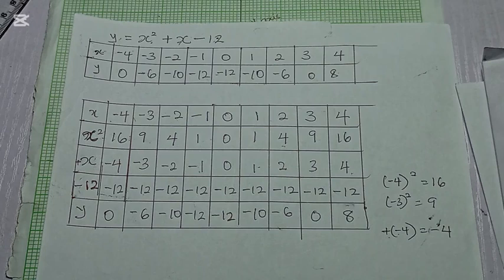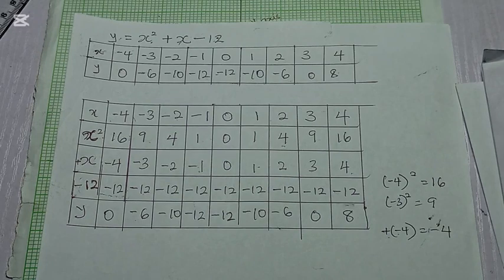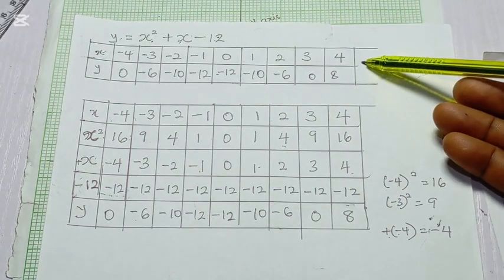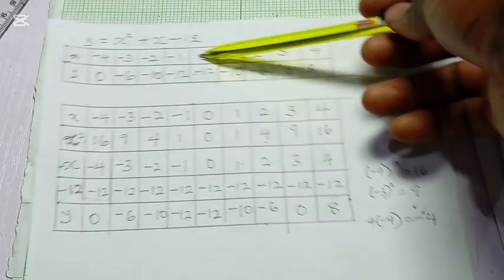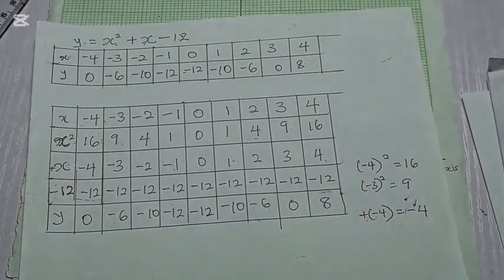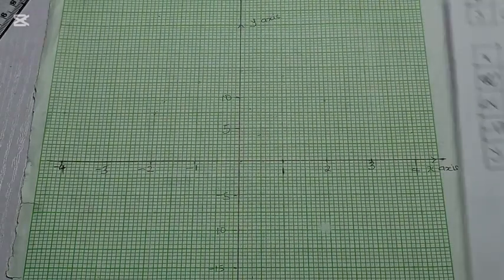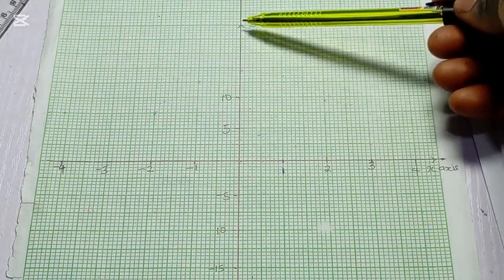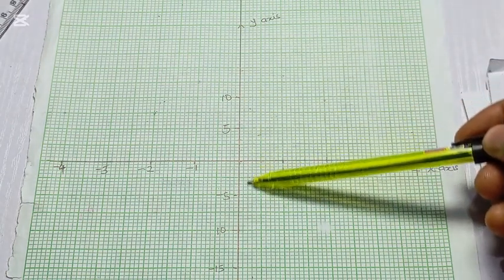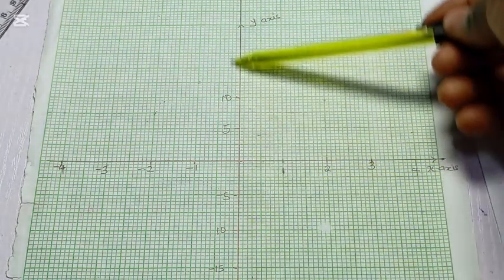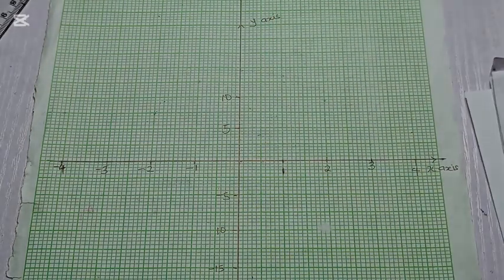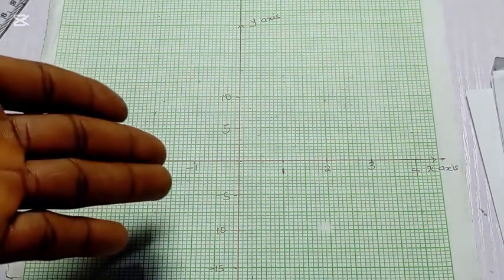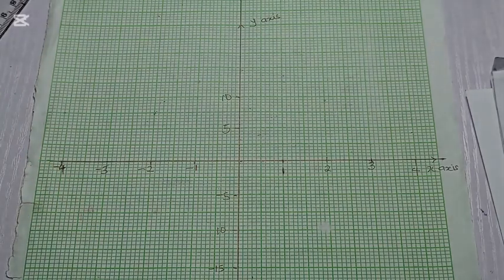On the right of the y-axis are the positive values of x, and on the left side are the negative values of x. So it is evenly distributed. Going to the graph, you can see I drew the y-axis exactly at the middle, to give equal space to the positive x values on the right as well as the negative x values on the left.